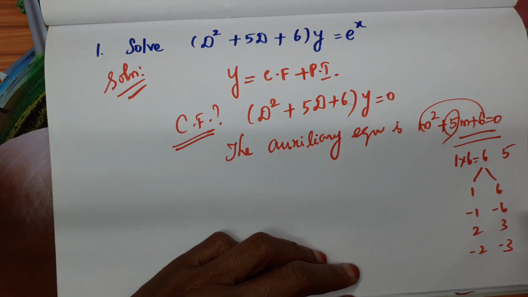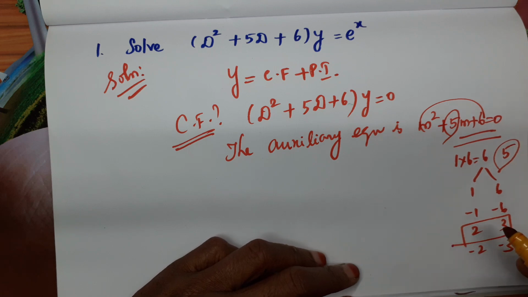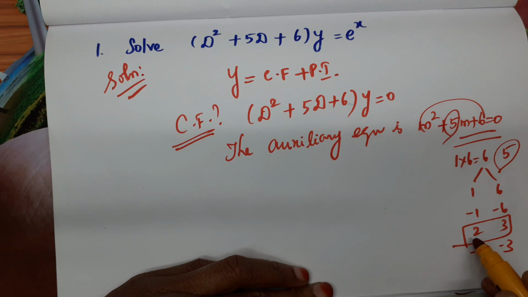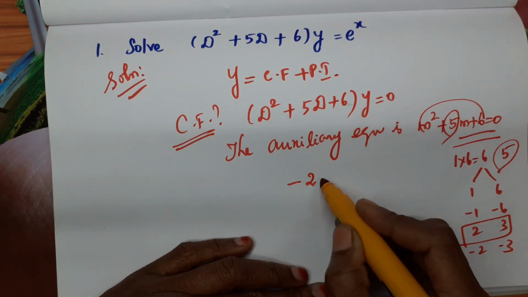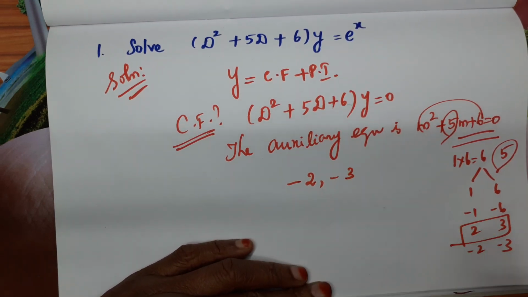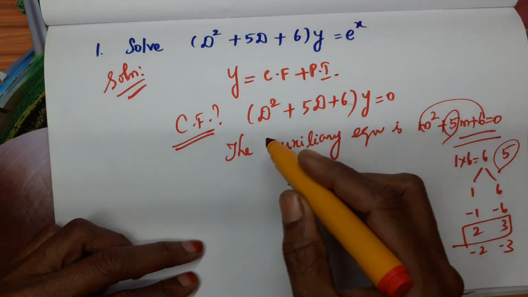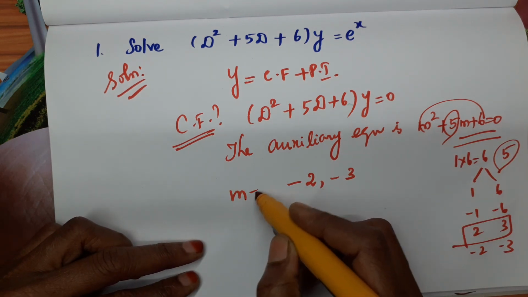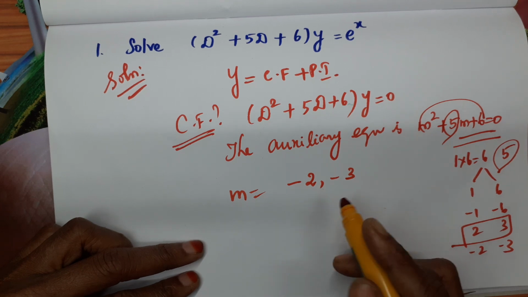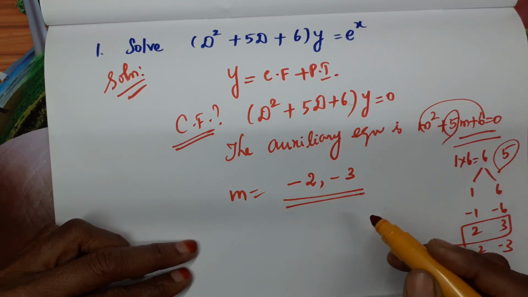Which will give the addition 5? This will give the addition 5. Change the sign and give them as the roots. So minus 2 and minus 3 are the roots of the auxiliary equation. So m takes the values minus 2, minus 3. Both roots are distinct.